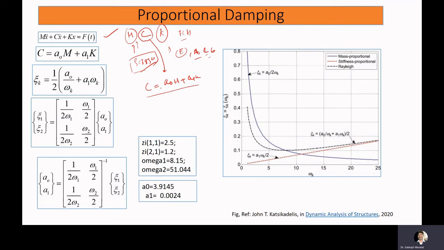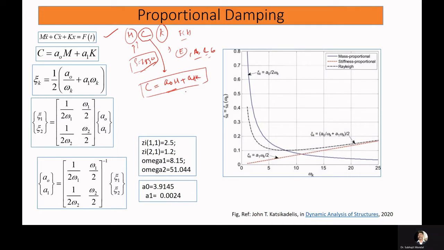So here what we are assuming is that the damping matrix is the linear combination of the mass and stiffness matrix along with some coefficients.